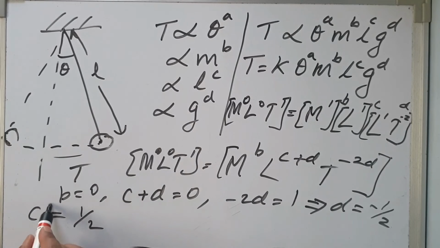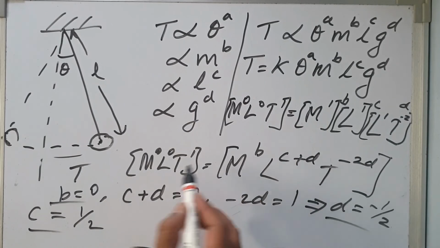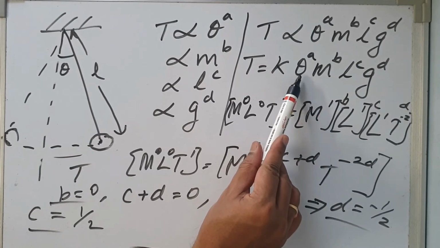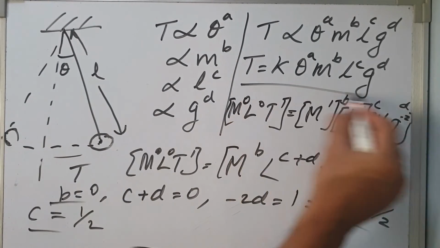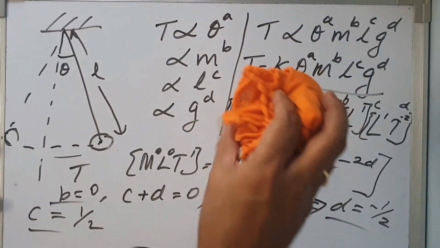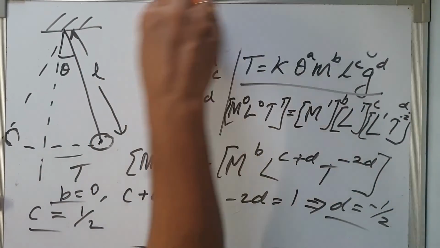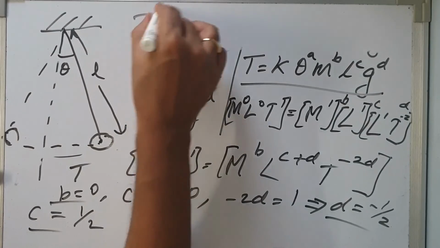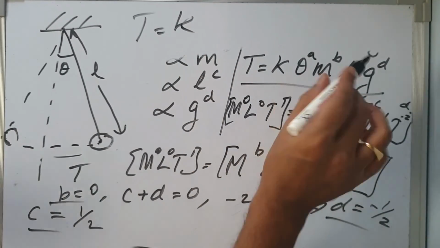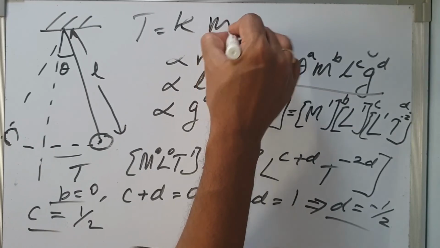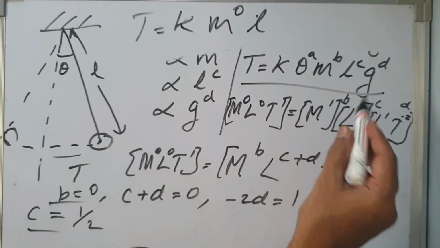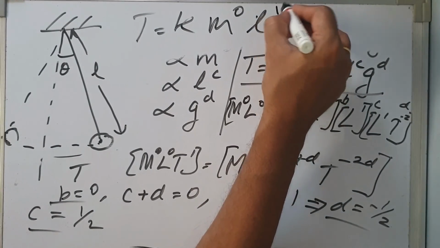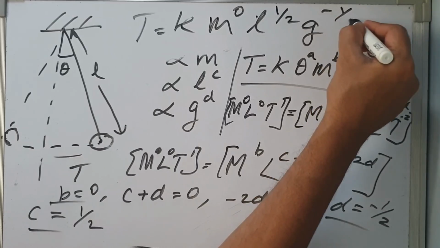Now substituting these values, b, d and c. a is already 0 because angle has no dimensions. Substituting these values in this relation, what do we get? T is equal to K, theta is not there, M to the power of 0, L to the power of 1 by 2, g to the power of minus 1 by 2.